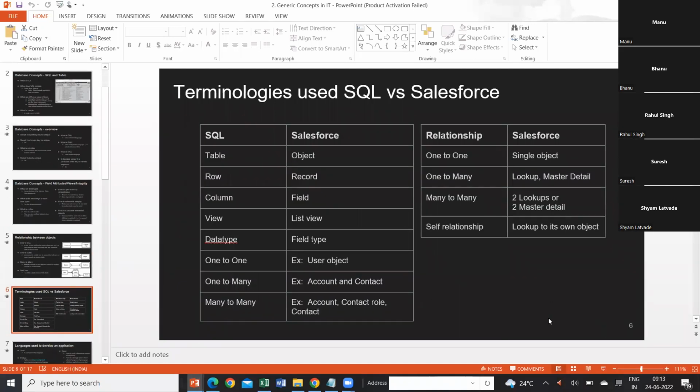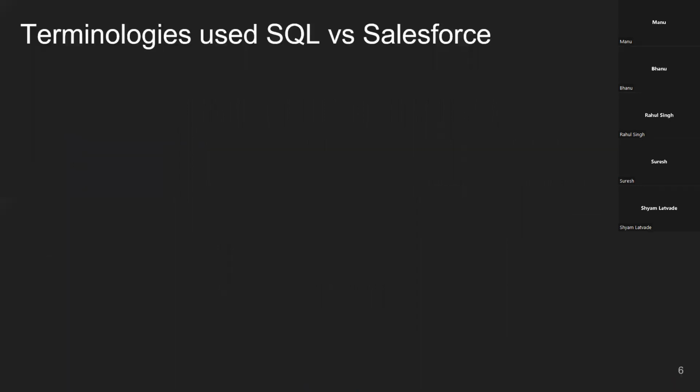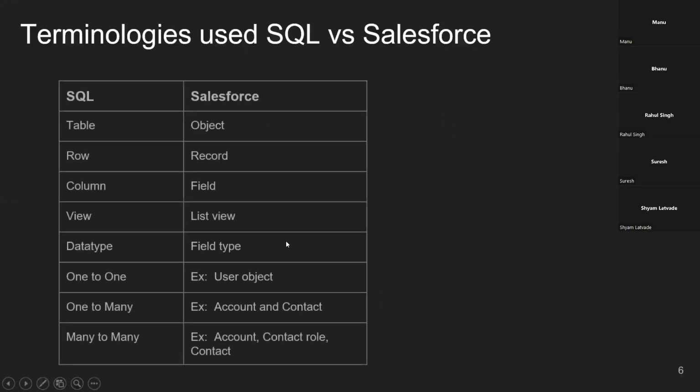Now, there are certain terminologies you need to know. In Salesforce, a table is called an object, a row is called a record, a column is called a field, a view is a list view, and a data type is a field data type. There are different types of relationship: one-to-one, one-to-many, many-to-many.